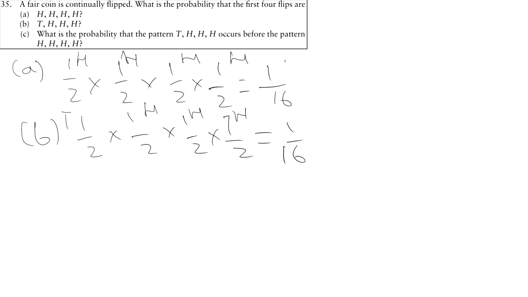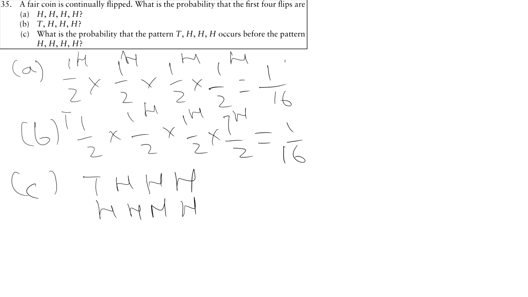So now the question is, the C part is the interesting part. What is the probability that the pattern THHH occurs before the pattern 4H? Now in what cases does T triple H occur before 4H?